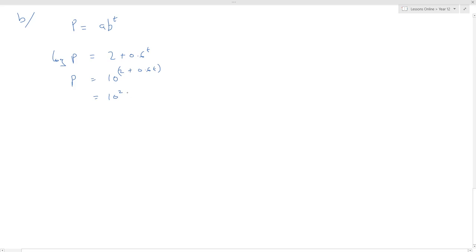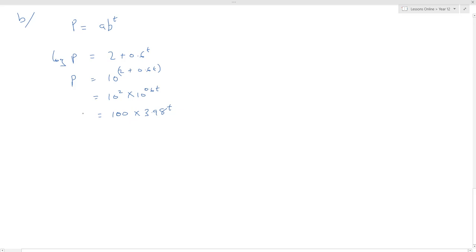times 10 to the power of 0.6t. 10 squared is 100, and 10 to the power of 0.6 is, looking on your calculators, 3.98, to the power of t.